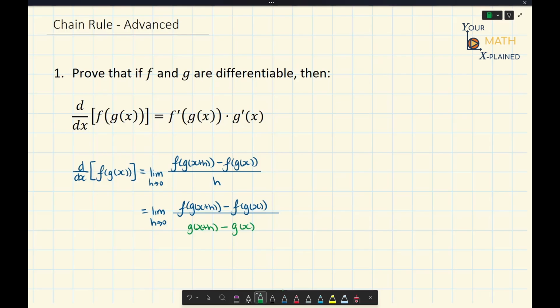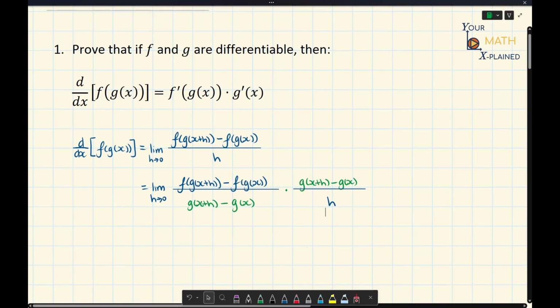And then we're going to multiply this by g of x plus h minus g of x over h. And we know we can do this because essentially we've just multiplied it by 1 and then reorganized our fractions.